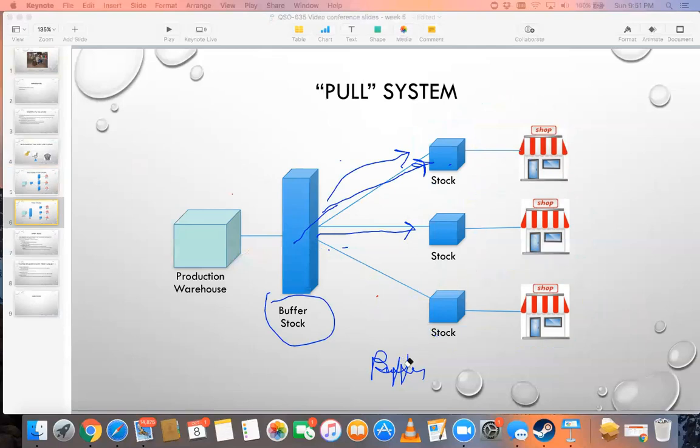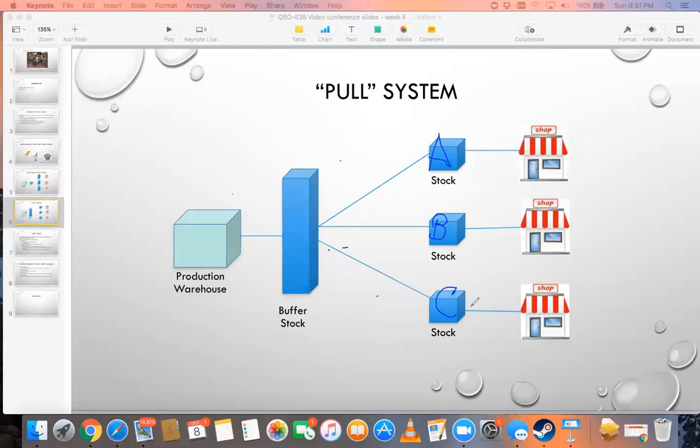A quick example of how this will work with our buffer stocks is, let's say we have 3 products, and they're all relatively different, okay? So we have product A here, product B, product C. They're relatively different. So what we'll do is we'll try to modularize as far up as we can.